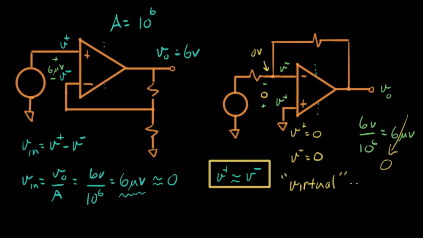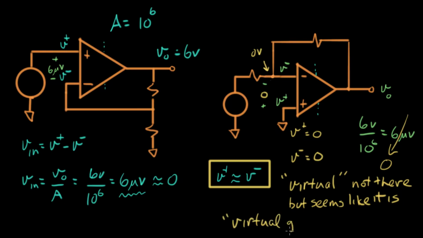Well, virtual means that something is not there, but it seems like it is. So in this case, this node is not connected to ground, but it seems like it is. So this is referred to as a virtual ground.